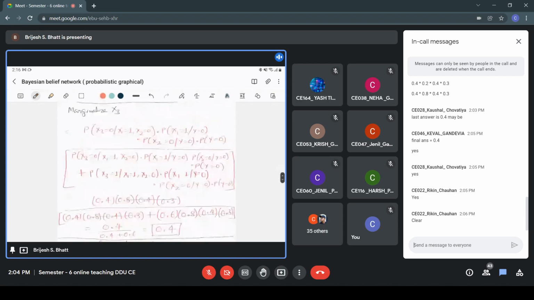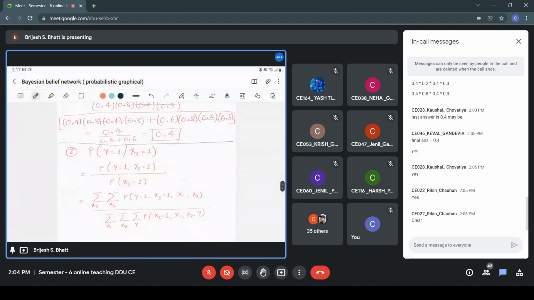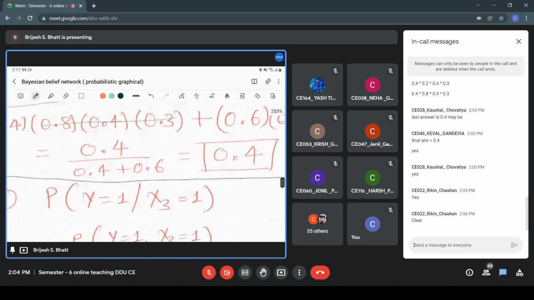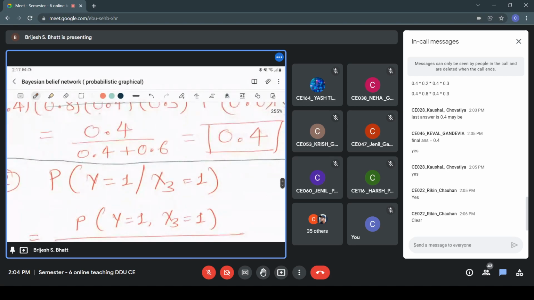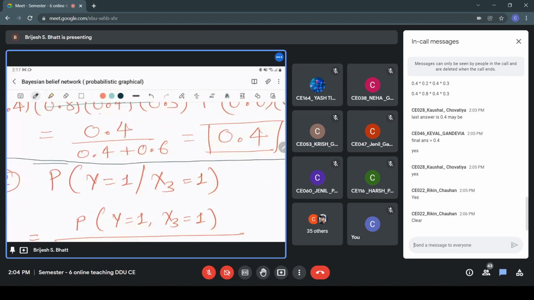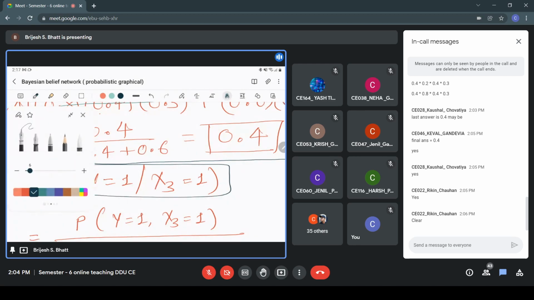For example, if we are asked a question like this, what is the probability of y equal to 1 given x3 equal to 1? Then we can answer this question also.